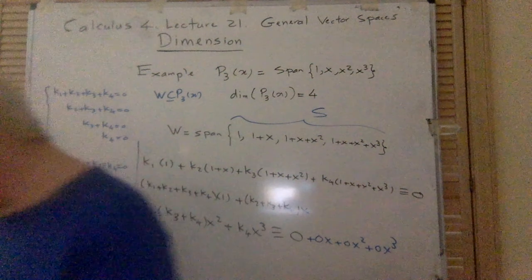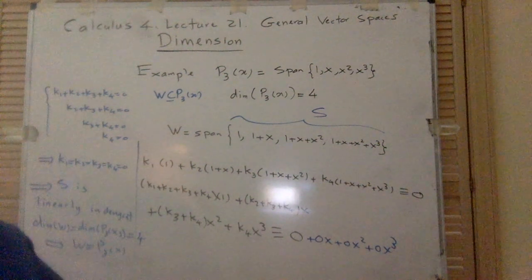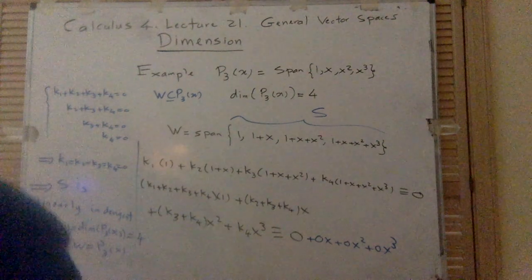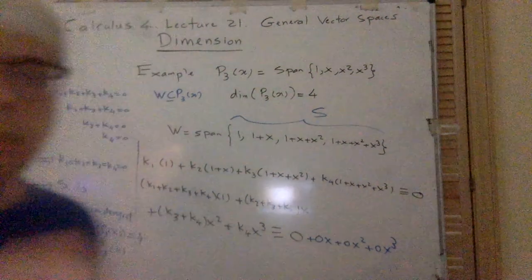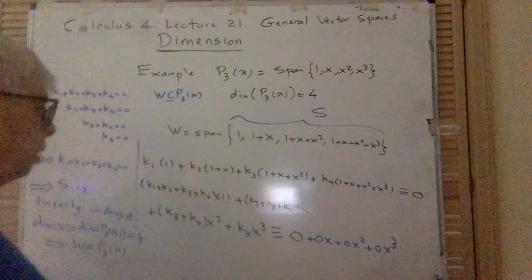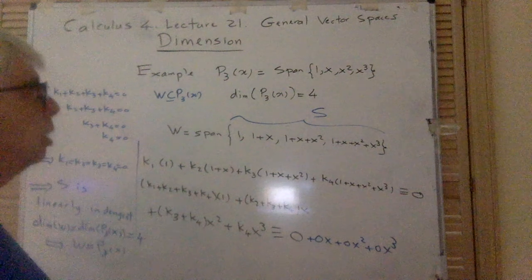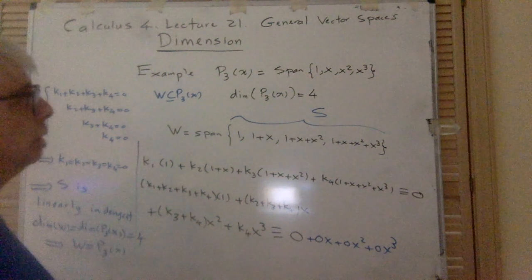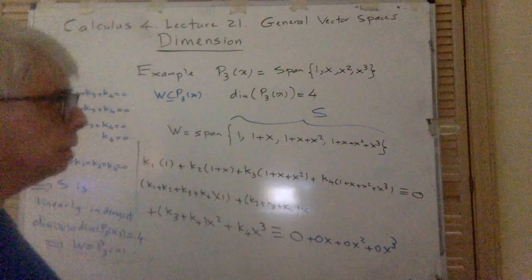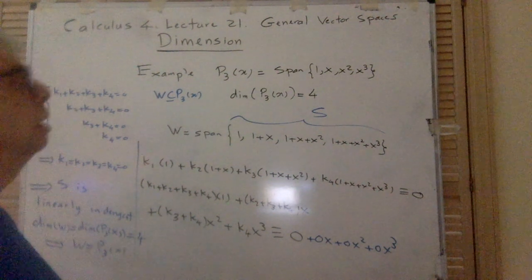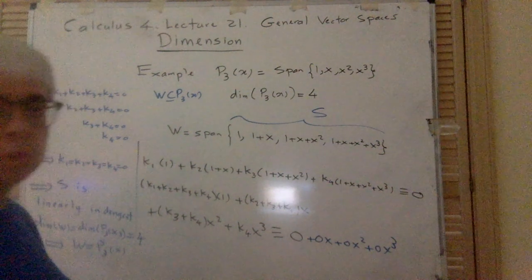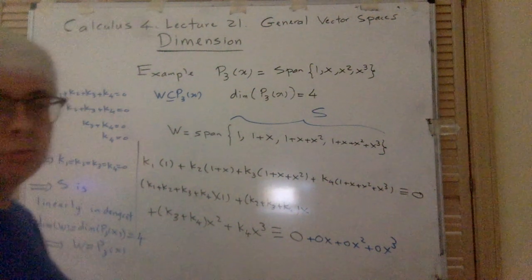So let me see if anything else is remaining. Okay, so that was dimension, and we saw some finite dimensional spaces like Rn's or Pn's, and some matrix spaces which are like n by n, and also some infinite dimensional ones, like C infinity or F function spaces.